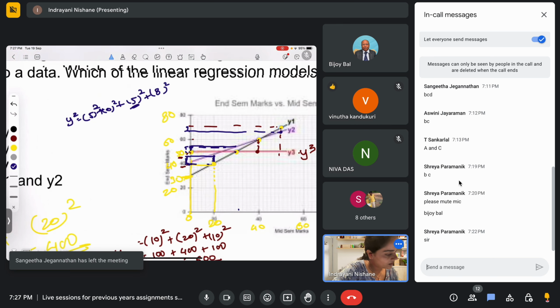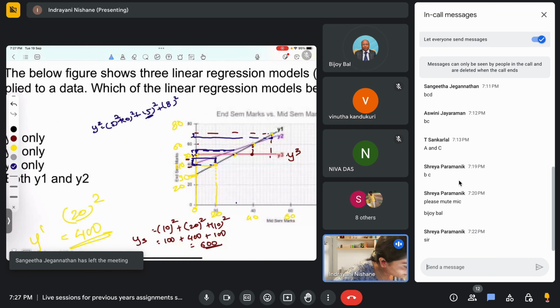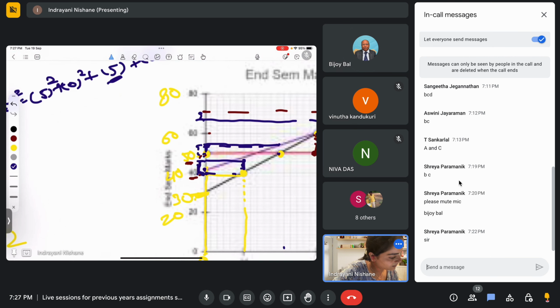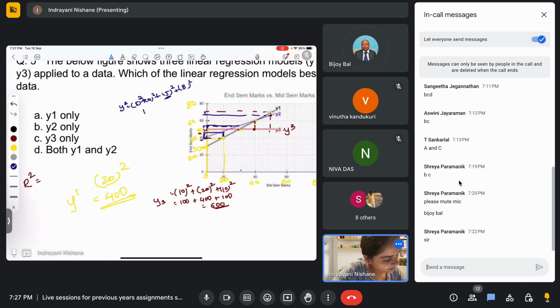So this point, and now we are here. This is 10, yeah, 40 and 50. 10 square. So 25 plus 25 plus 64 and 100.